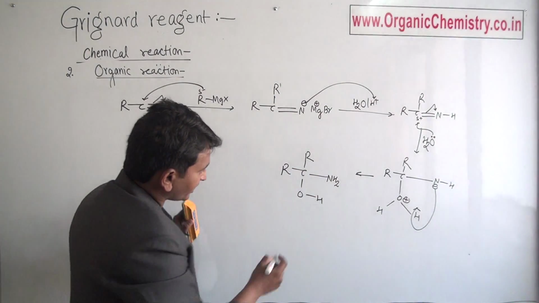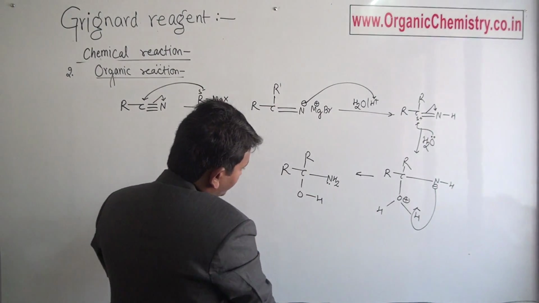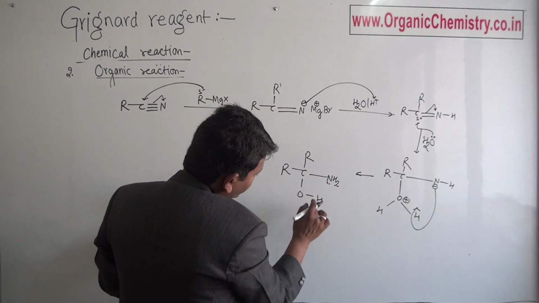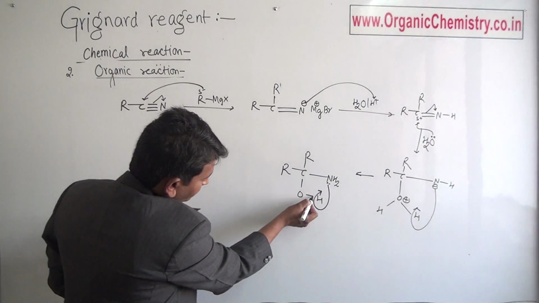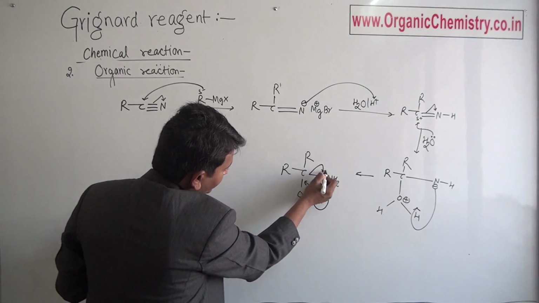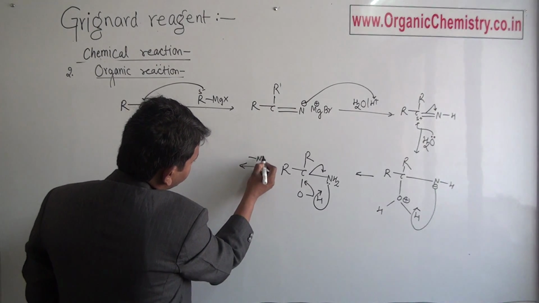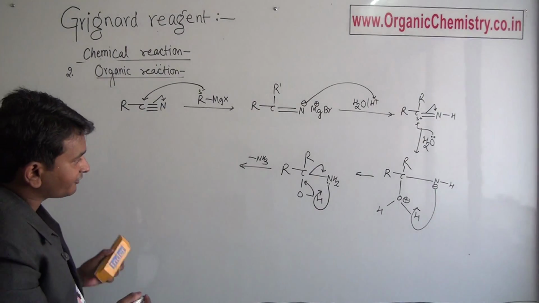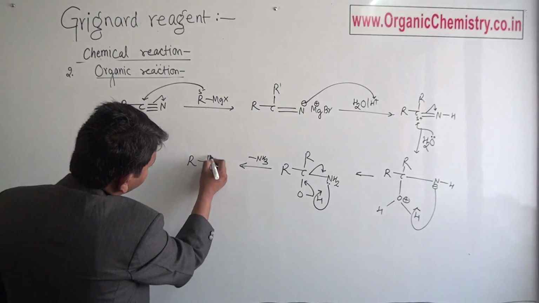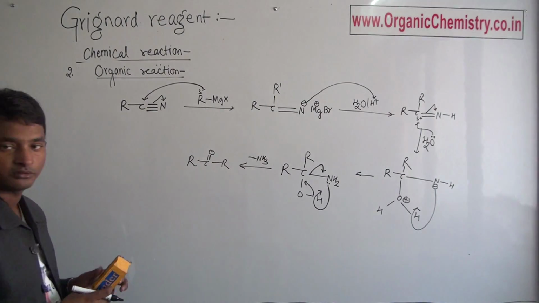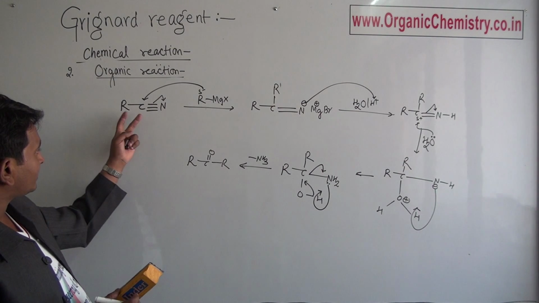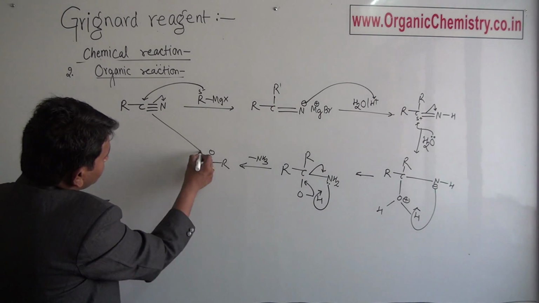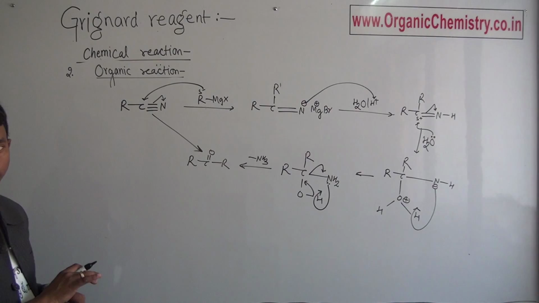The basic character of nitrogen is higher as compared to oxygen. So nitrogen abstracts proton, this electron goes to this side and ammonia gas is released, and finally the product will be ketone. So RMgX attacks over nitriles to give ketone as a product.